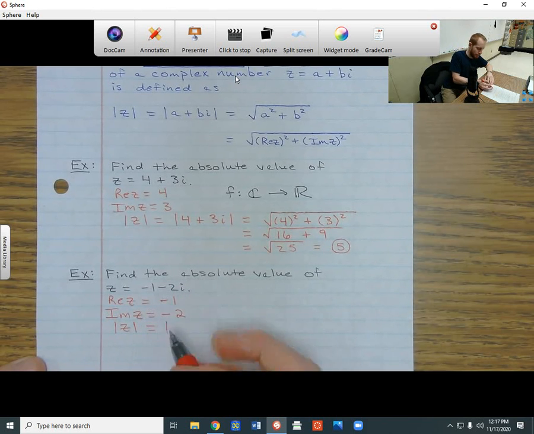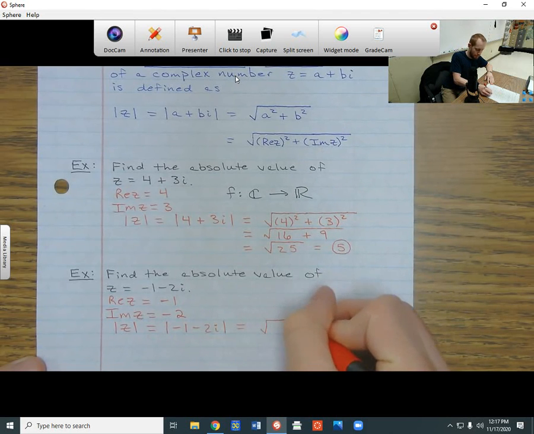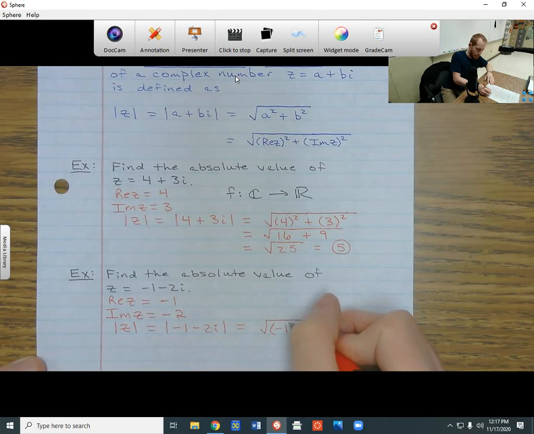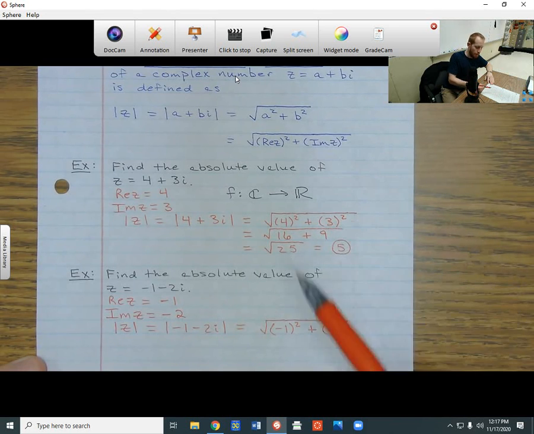So I'm going to have my square root symbol. I'm going to put my a in parentheses, which is negative 1, and I'm going to square that. Then I put my plus sign down, and now we look at the imaginary part, which is the b up here. So my imaginary part is -2. I put that inside parentheses and I square it. And now I just work out whatever's below the square root symbol.